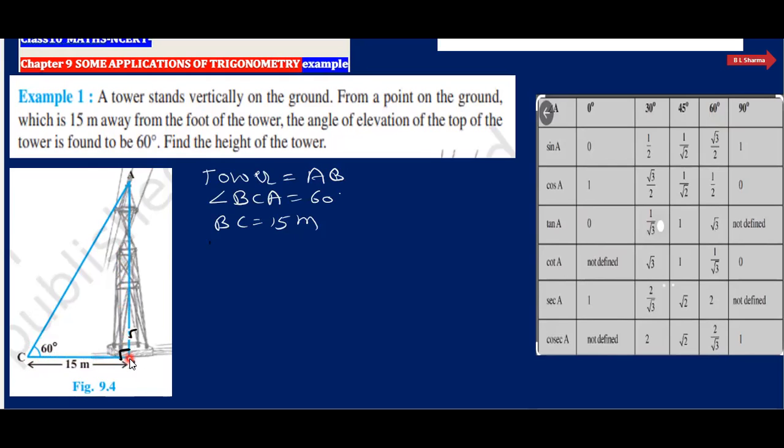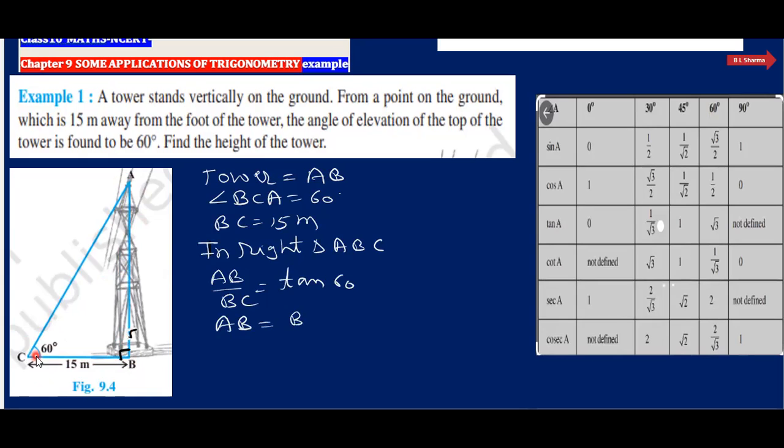So now, in the right triangle ABC, AB upon BC. See here, for this acute angle 60 degree, AB is perpendicular and BC is base. Perpendicular upon base is equal to tan theta. Here theta is 60 degree.